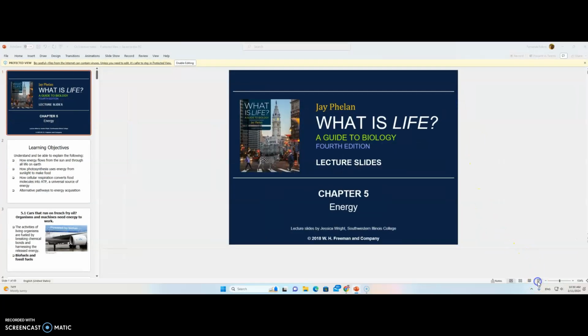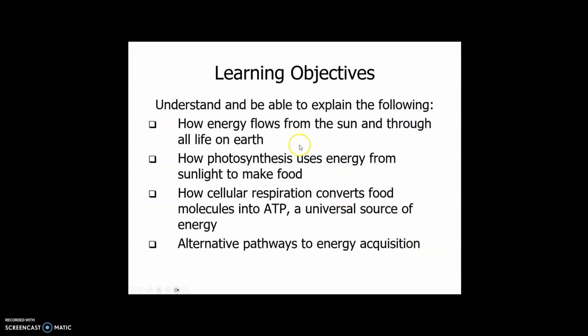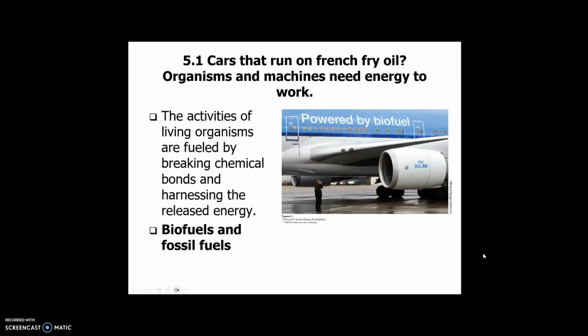Those are the main learning objectives: how energy flows from the sun and through all life on Earth, and how photosynthesis uses that energy to make food. Those are the two learning objectives for this module. The other two will be taken care of in the next module.